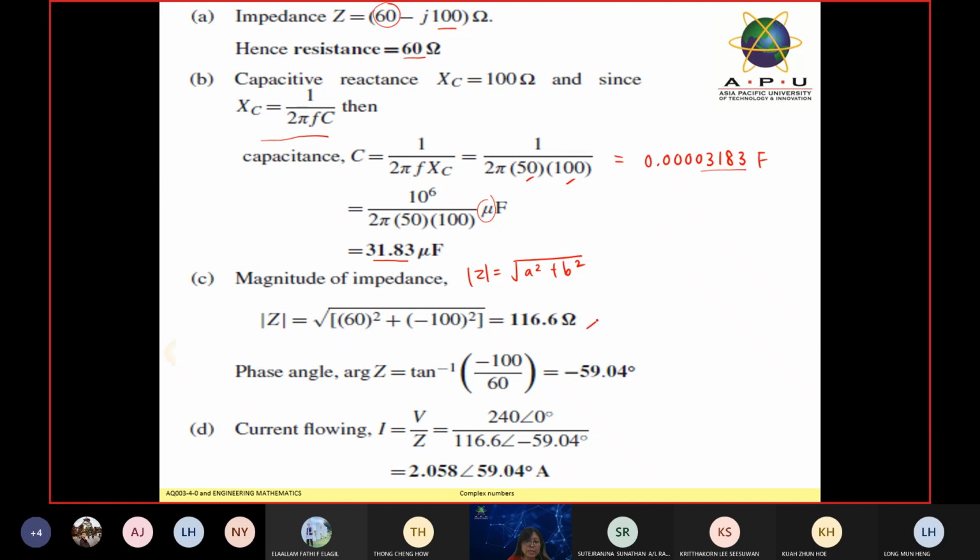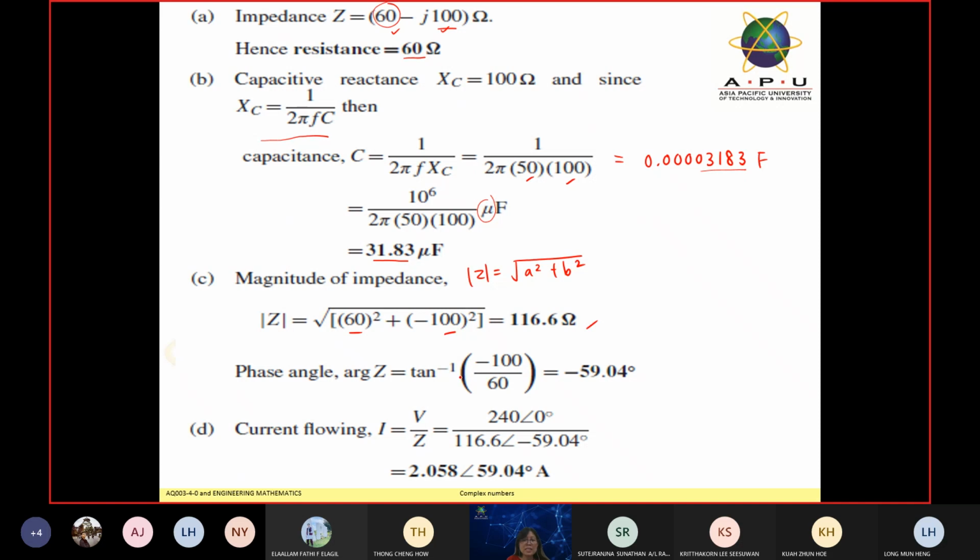So you get the magnitude of 116.6, from 60 square and negative 100 square from the complex number.